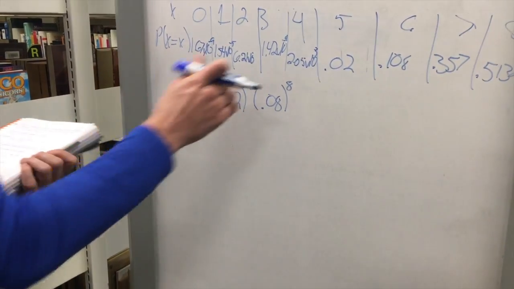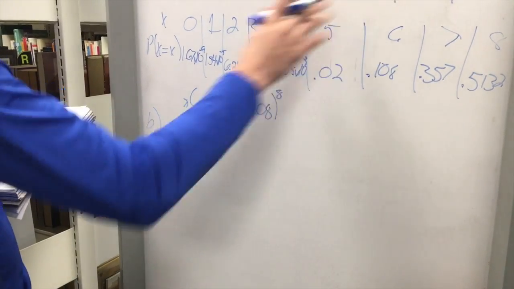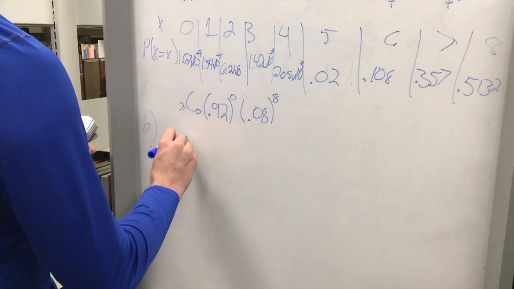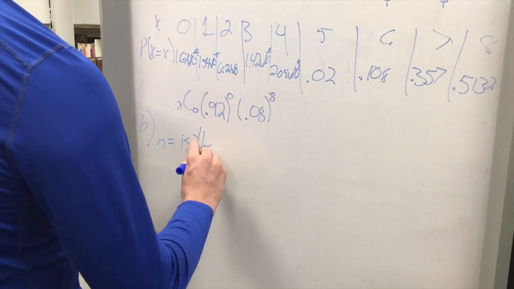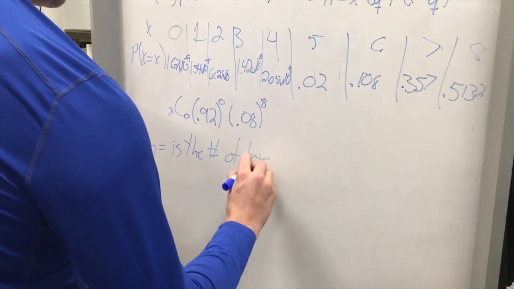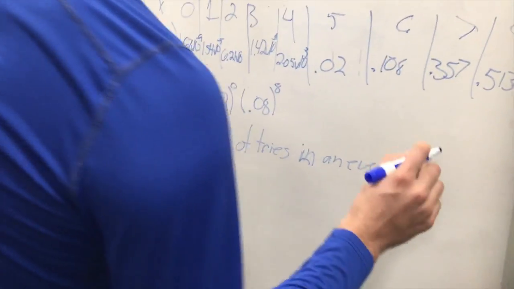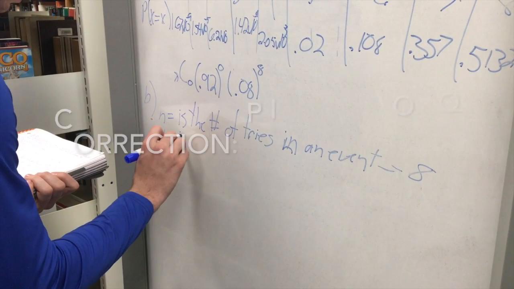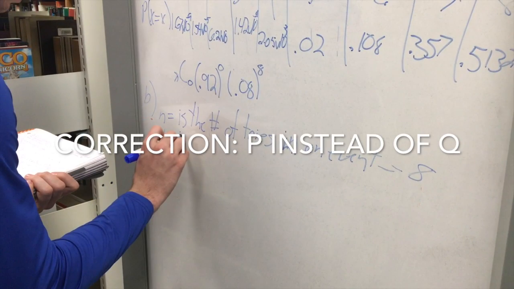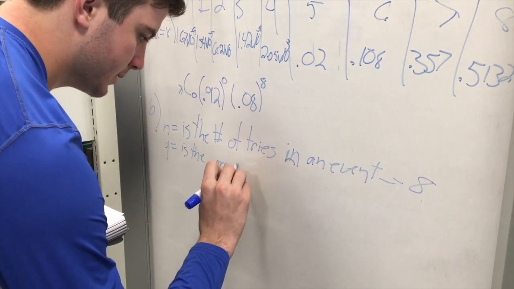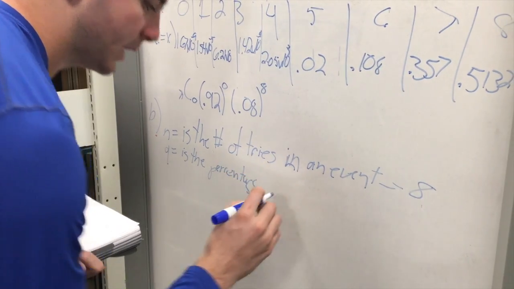And for letter B, it asks us to determine the parameters of the variable x, in which case it's just defining what each letter means. N is the number of tries. In this case, the number of tries is 8. P is the percentage of success.